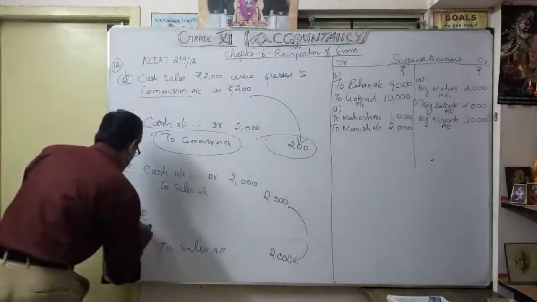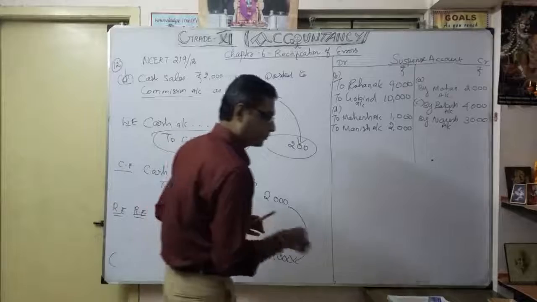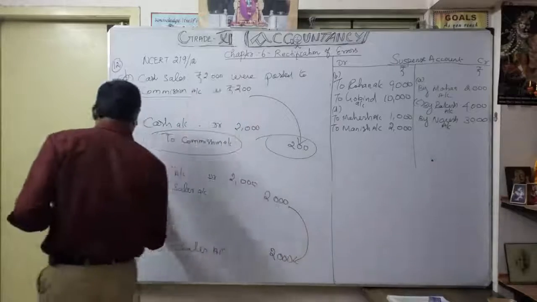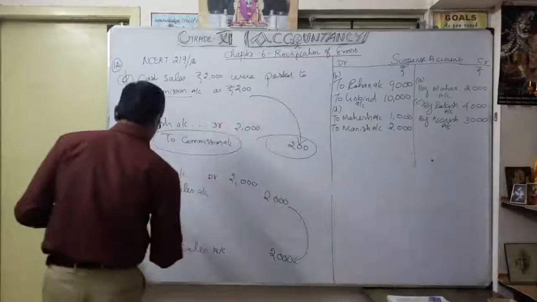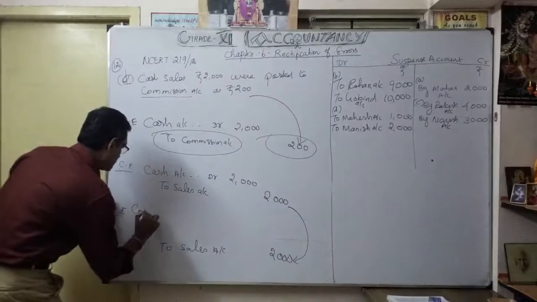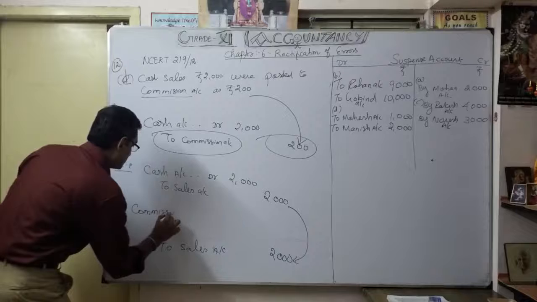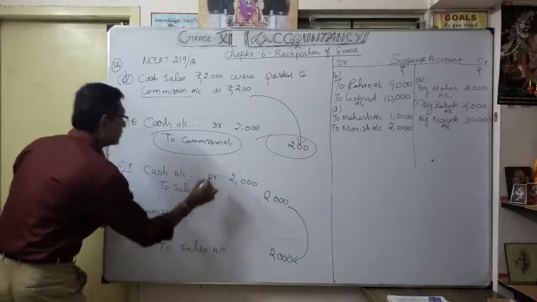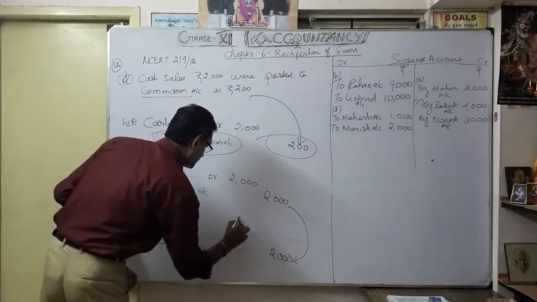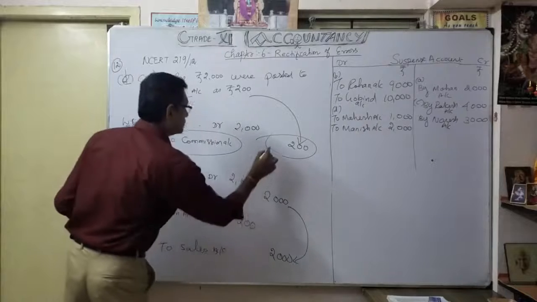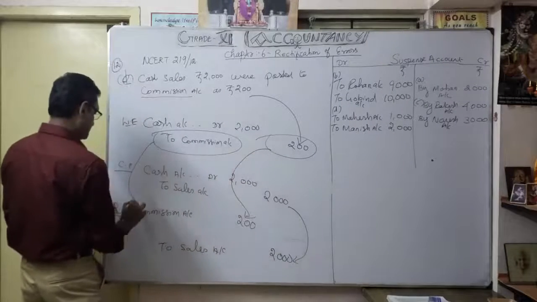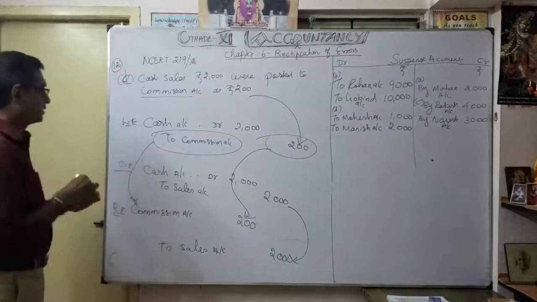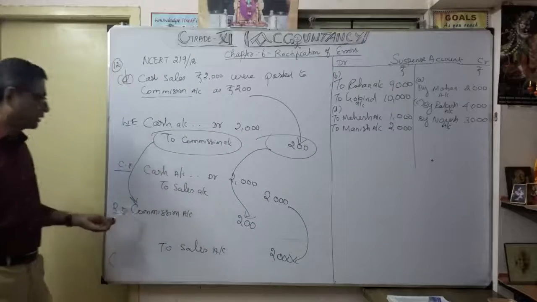So commission account, how much? Only this 200. Understood? Earlier credited, now I am going to debit to rectify.